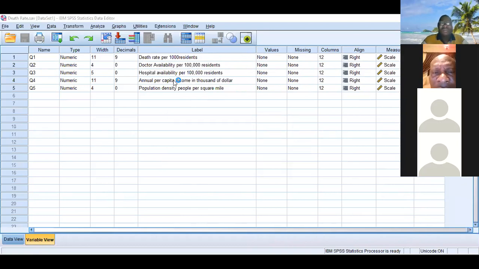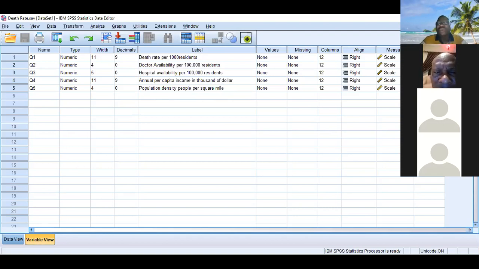The third is hospital availability per 100,000 residents. The fourth is annual per capita income in thousands of dollars, and the population density per square mile. The outcome variable is the death rate per 1,000 residents. That's the outcome. All the other 4 are exposure variables.